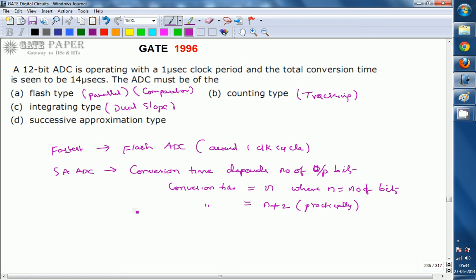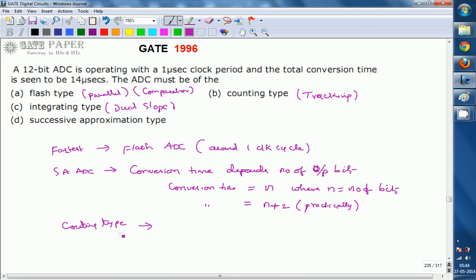Next is the counting type. Internally it consists of an up counter, and when the up counter is replaced with an up-down counter, the counting type is called a tracking ADC.